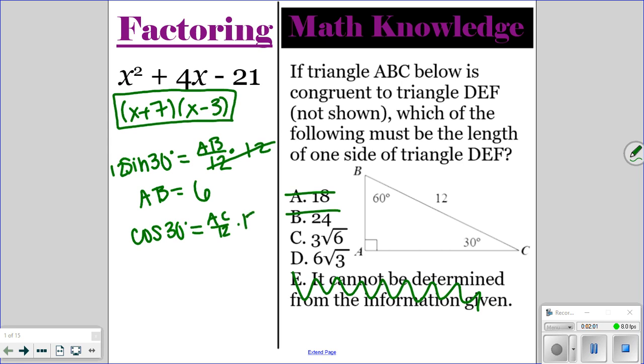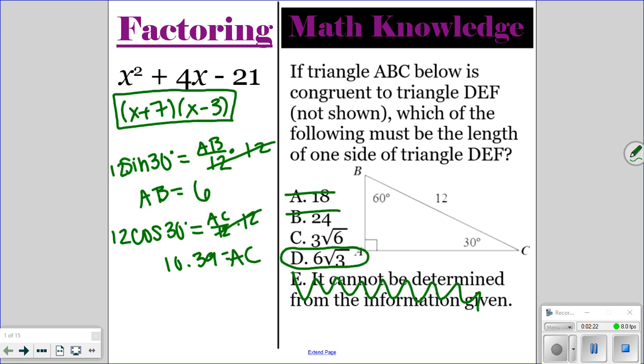And so if you multiply by 12, you're going to get 10.39, and that is 6 square roots of 3. If you plug in 6 square roots of 3, it gives you the same decimal.